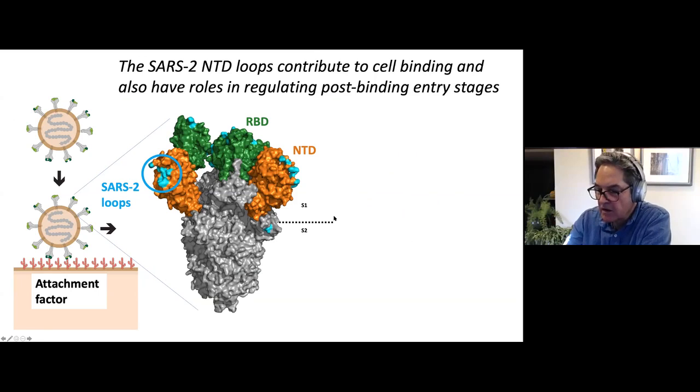As it says here on this slide, the SARS-2 NTD loops, distal from the S1, S2 interface, contribute to cell binding to as yet unknown attachment factors, and they also have roles in regulating post-binding entry stages. Just two points here. We could understand this much better with more structural data. Structures will bring more answers to questions about receptor-induced changes and interdomain communications between the spike proteins.